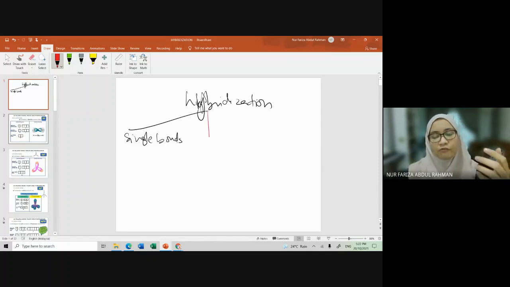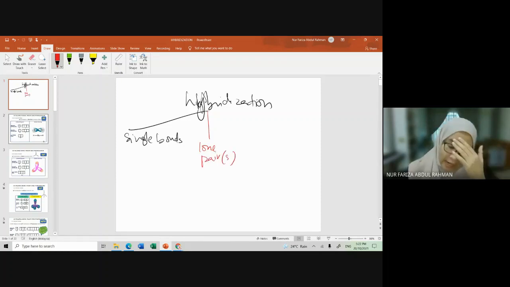And then moving on to the next, we have molecules having lone pair or lone pairs. So what is the difference between having single bonds only and single bonds and lone pairs? What distinguishes them in terms of hybridization?